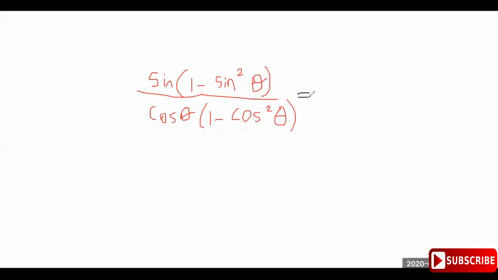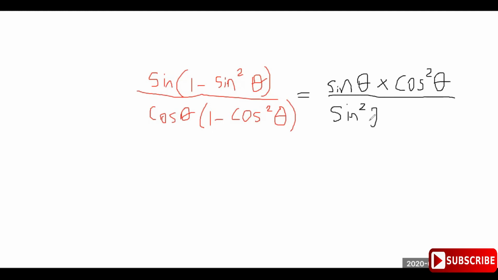So we can rewrite this as the sine of theta times cos squared theta, and then we're dividing by sine squared theta and multiplying by cos theta.